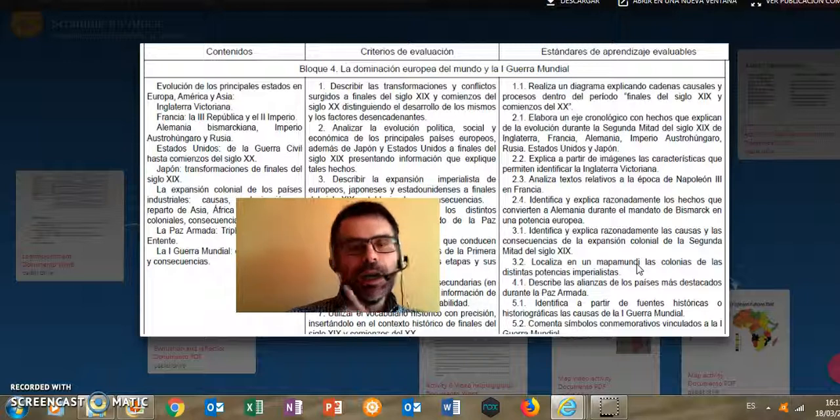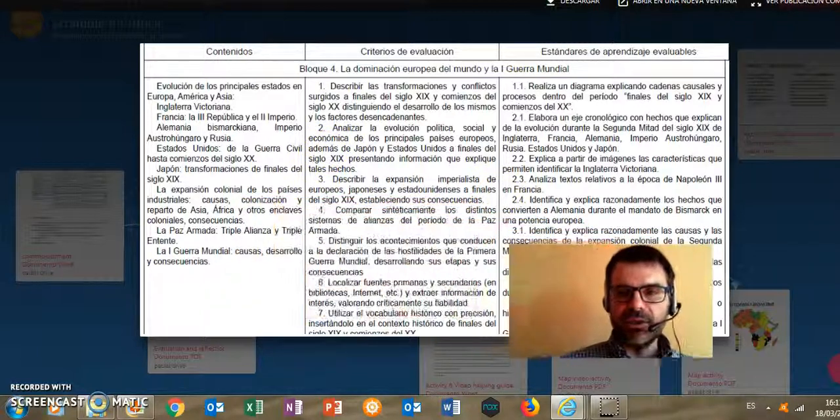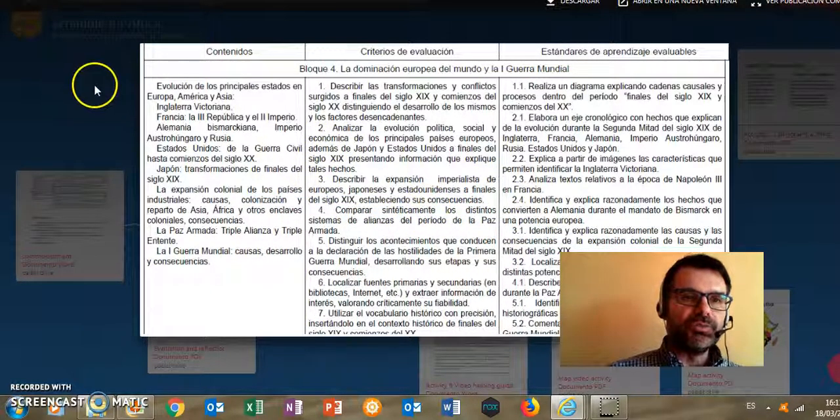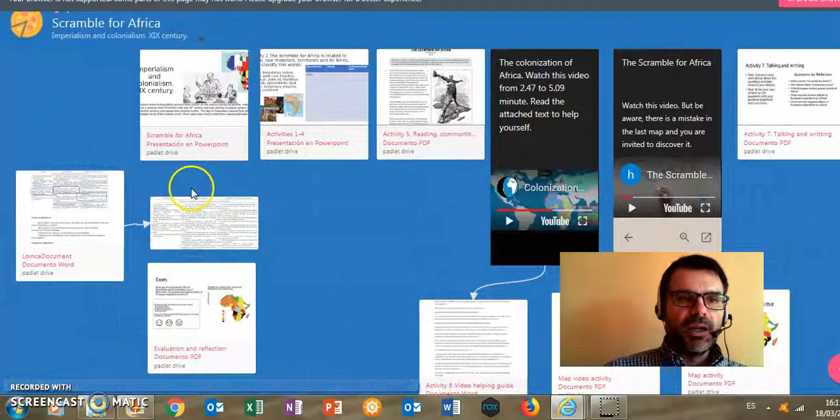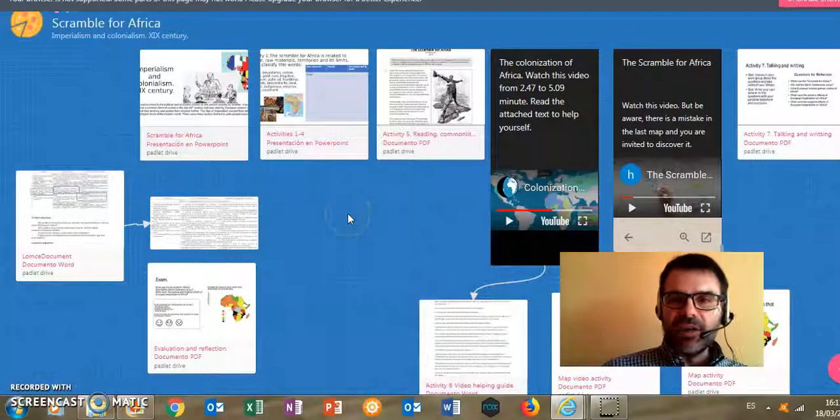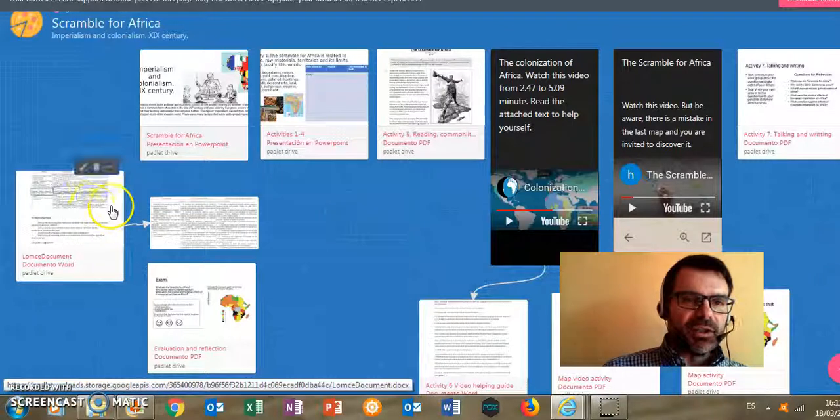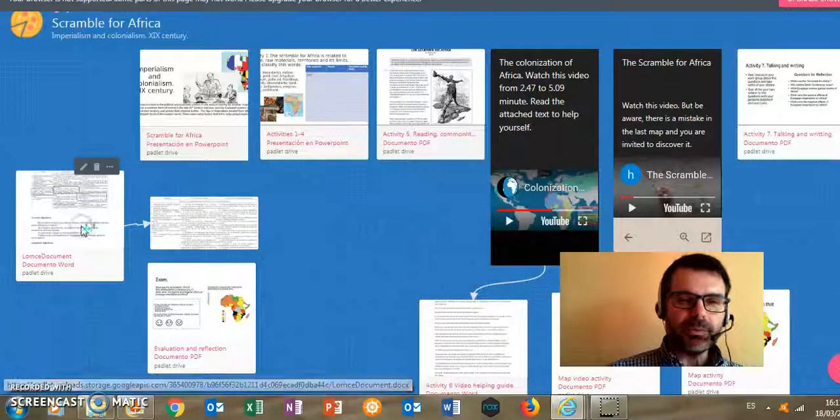And we are invited to identify and explain the causes and consequences of the colonial expansion in the 19th century. So this is the Spanish law. This is the legal frame.